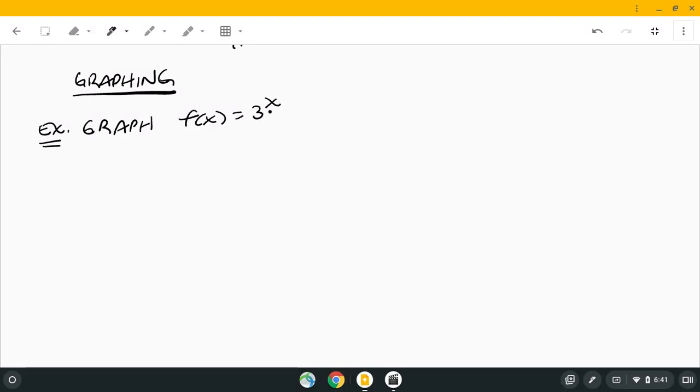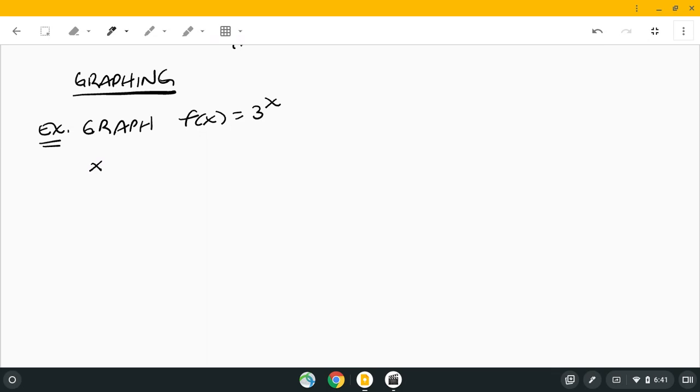And it will never be negative here. No matter what I make this exponent, the result will never be a negative outcome, and it will never be 0. So that affects the way our graph is going to look.